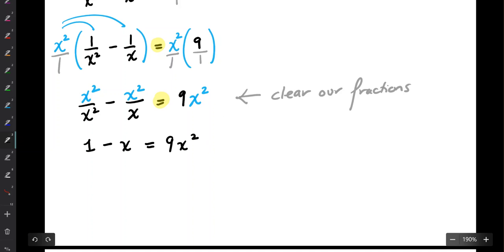All right. And now I'm going to go ahead and leave this to you here. Your next step is setting this equal to 0, and either using the quadratic formula if that's what's required, or factoring if it's doable.